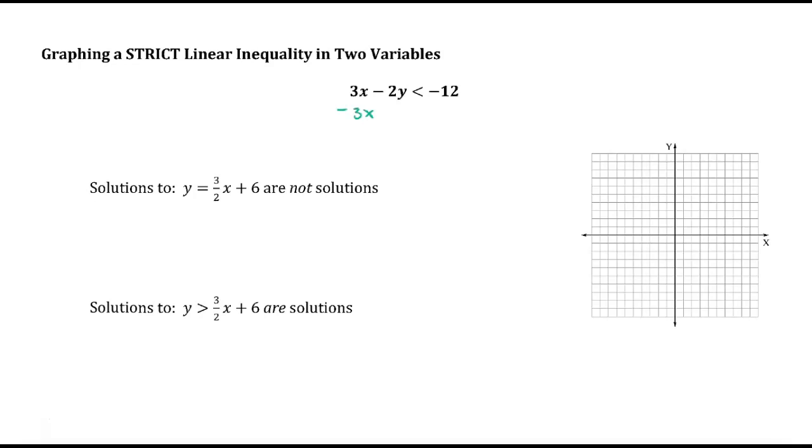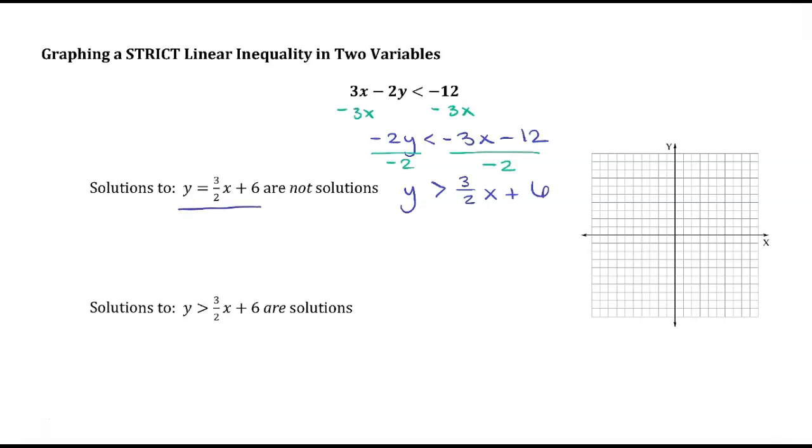Subtracting 3x from both sides, we have -2y < -3x - 12. Dividing everything by -2, we have y is greater than, because we have to switch the sign, positive 3/2 x + 6. Take a moment and verify that that's correct if you don't see it right away. With the strict inequality, ordered pairs that are on the line are not solutions.